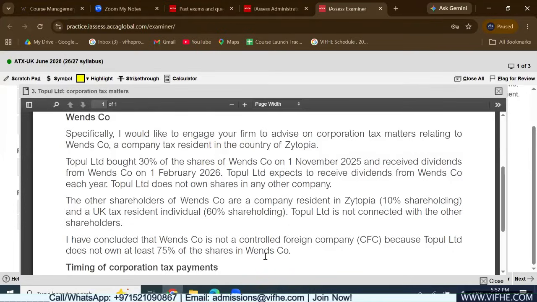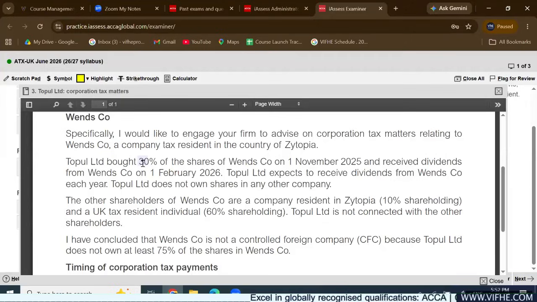We know that Topol Limited does not control Vendsco. As you could see, the shareholding is just 30%. If you control any company with a shareholding of more than 50%, whether that company is a resident of the UK or not, that becomes your associated company.